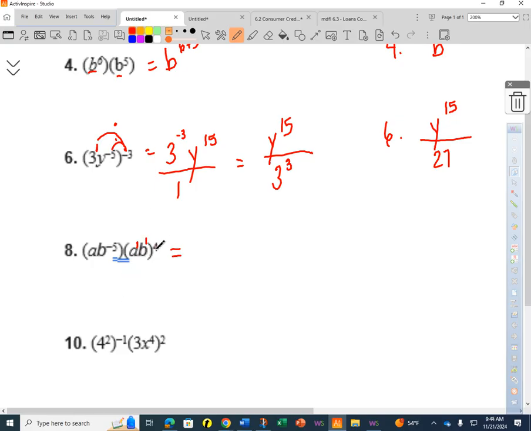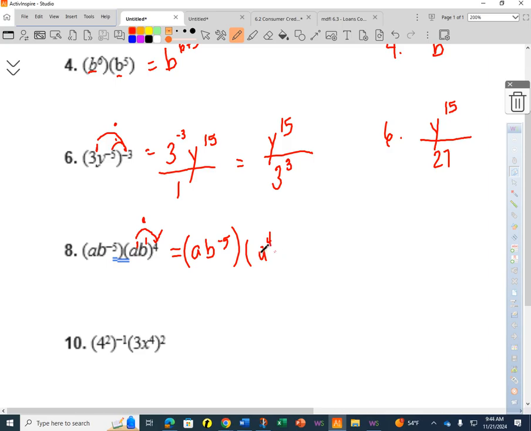So we do the power to power first. I'm going to bring along that first factor. Now this is a to the first power raised to the 4th power. So what's the exponent on the a going to be? Gladys, what's the exponent on a going to be? A to the first power raised to the 4th power. What's it going to be? Not 5. The power to a power. Up high we multiply. Right? So 1 times 4 is 4.